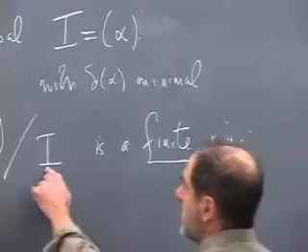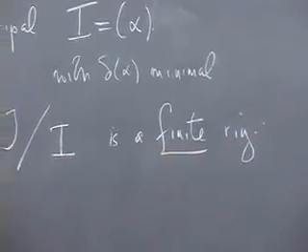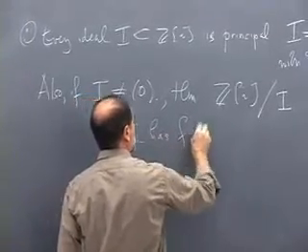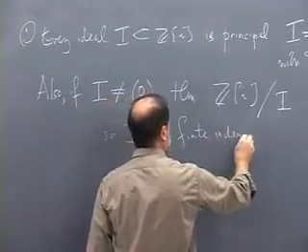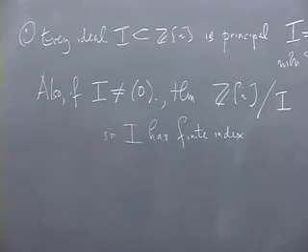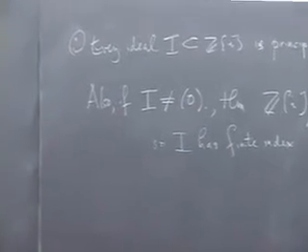In other words, the ideal has finite index. By the way, let's just call this ring R so I don't have to keep writing the Gaussian integers. So I has finite index in R.